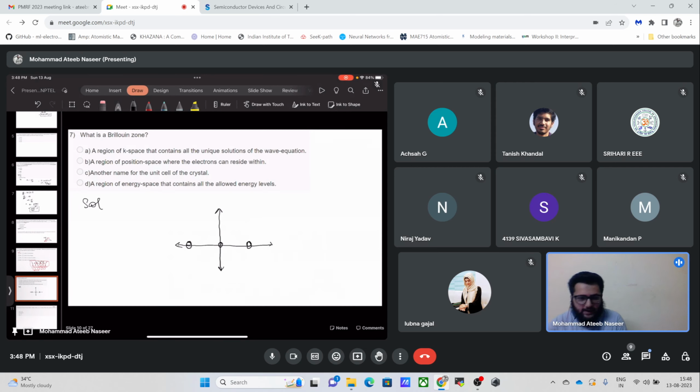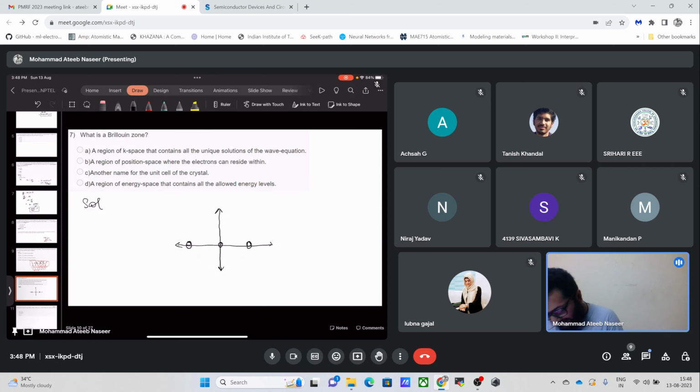In order to find the Brillouin zone, you must have seen that silicon has a rhombohedral sort of shape as its Brillouin zone. That is made simply by drawing the perpendicular bisectors to the neighboring atoms.